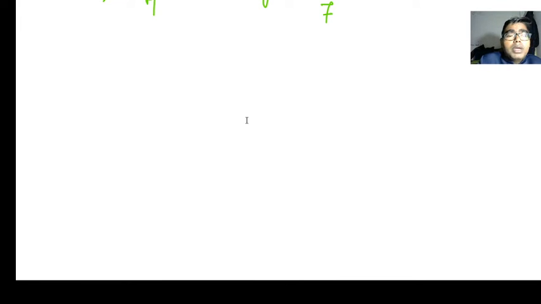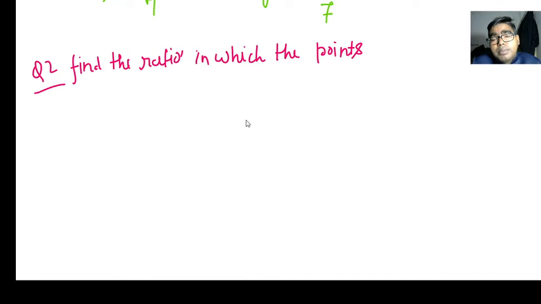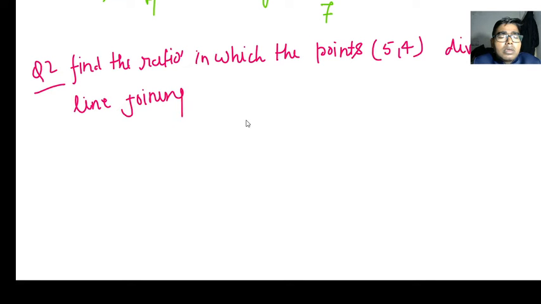Find the ratio in which the point 5 comma 4 divides the line joining 2 comma 1 and 7 comma 6.